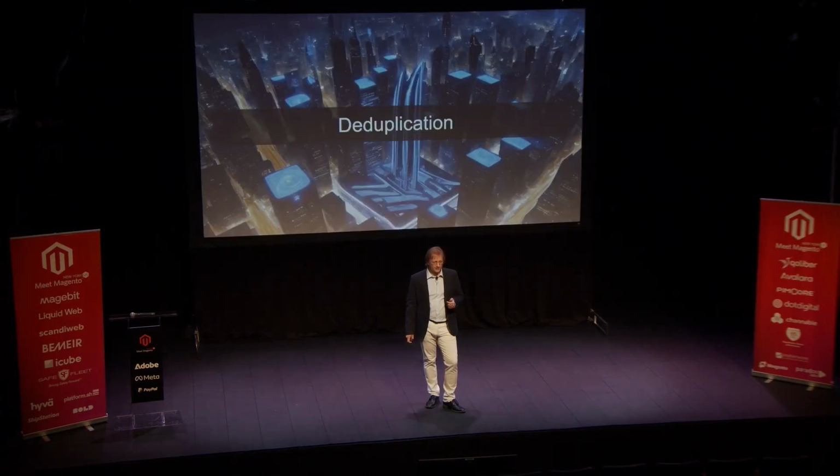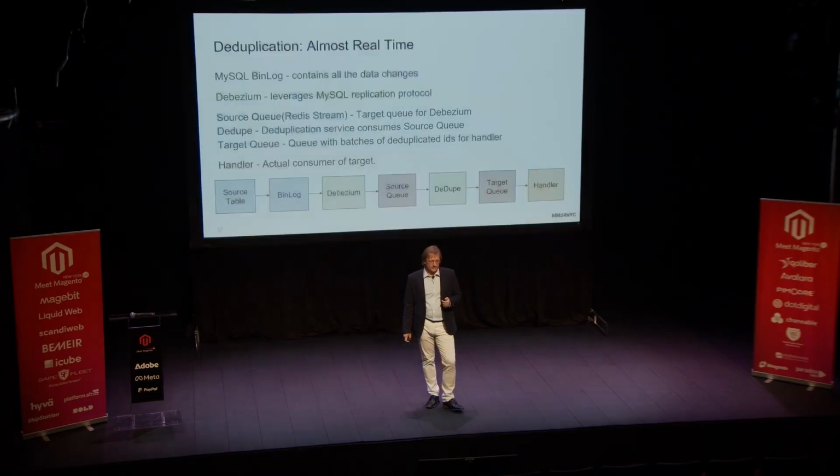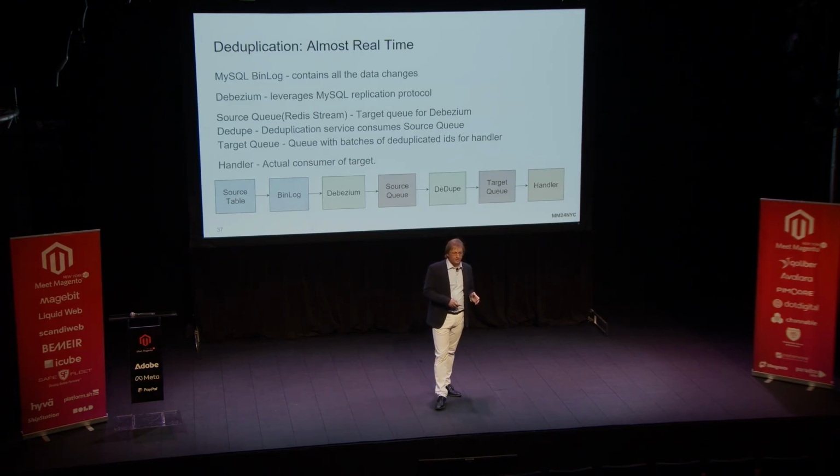Let's get to probably the most fun part of deduplication. So we're getting real-time streams of data from multiple tables, and we need to push it only once to whatever, Elasticsearch or flush cache in a certain period of time. We don't need all the changes right away.